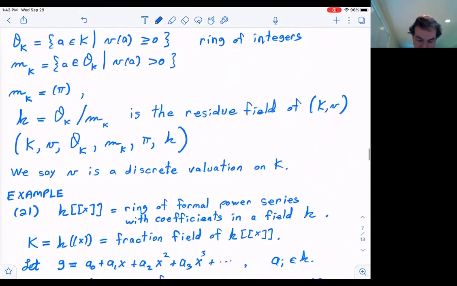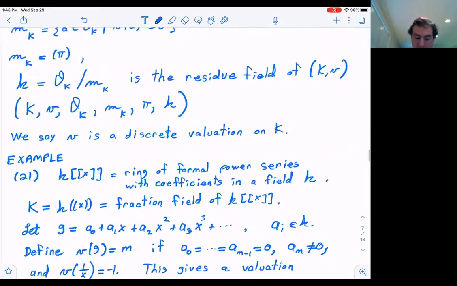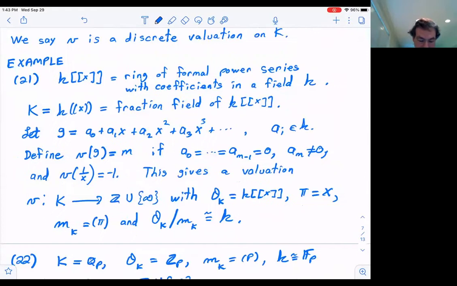So I'll just give 2 examples here. K double bracket x, the ring of formal power series, and then k double parentheses x is the fraction field of k double bracket x. So we can define a valuation. Maybe you know this already. If g is this formal power series here, v of g is equal to m if the first m coefficients are 0 and a sub m doesn't equal 0.